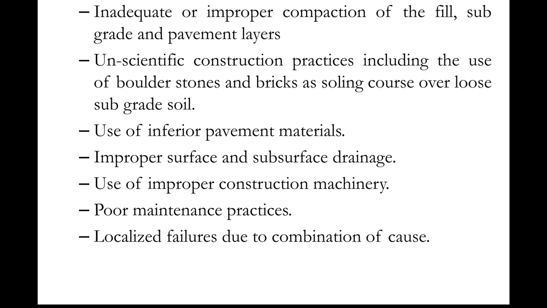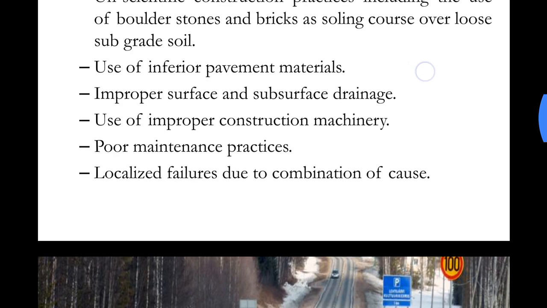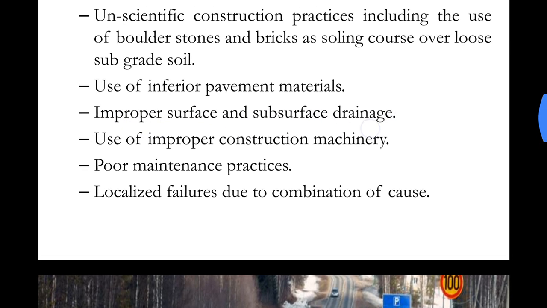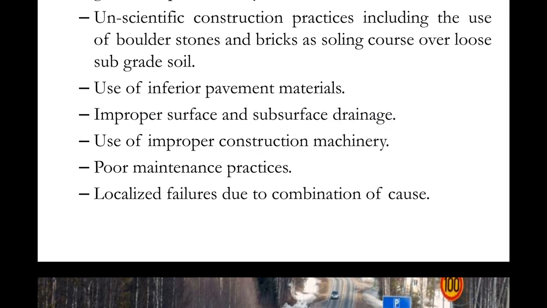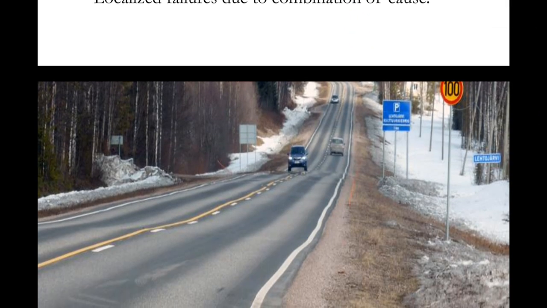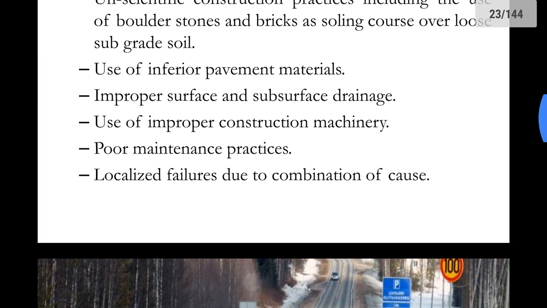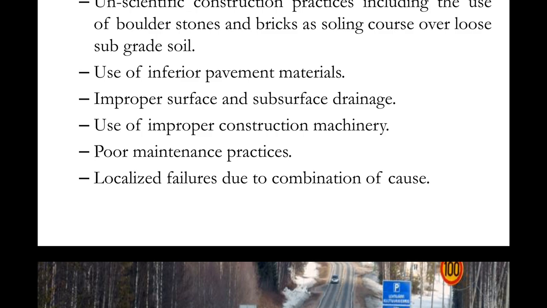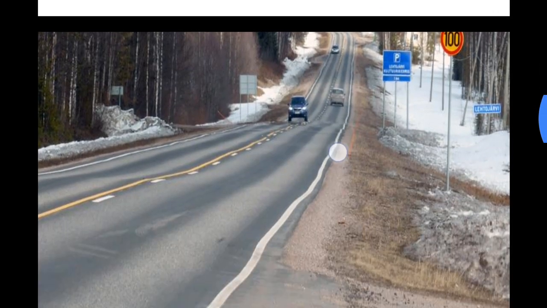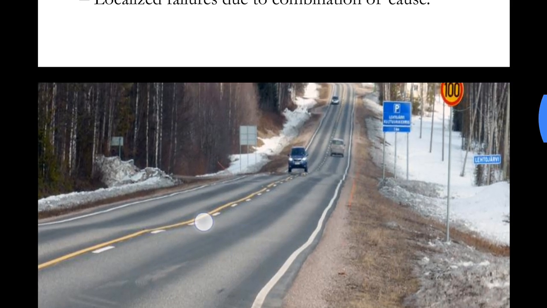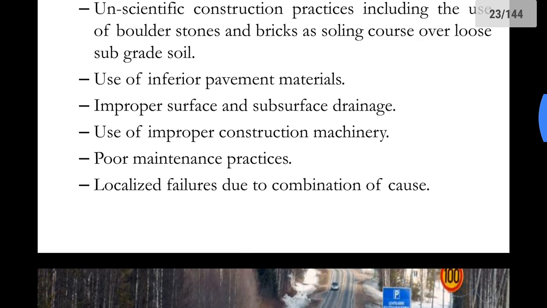Improper surface and subsurface drainage: if the water table is at a higher level than what it should be for road construction and no proper measures have been taken, then there are chances of swelling and shrinkage in the subgrade layers, which can also lead to undulations on the road surface.